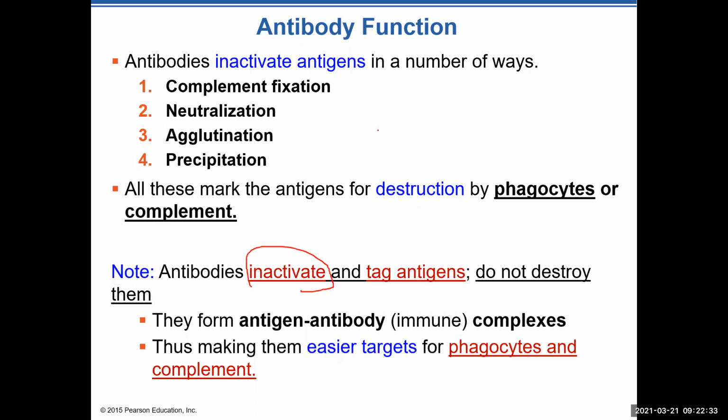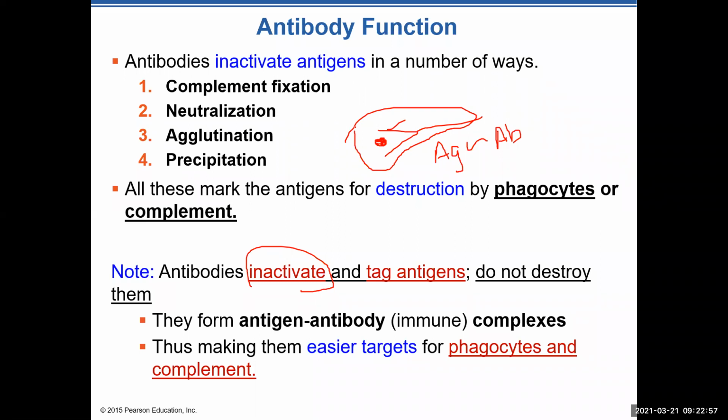For example, this is an antibody which will bind to the antigen. Now, this antigen is inactivated by this antibody. It forms an antigen antibody complex. Now, this antigen is in trouble because it has been inactivated by the antibody.